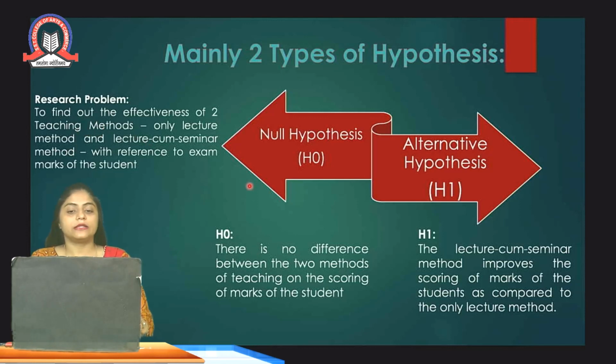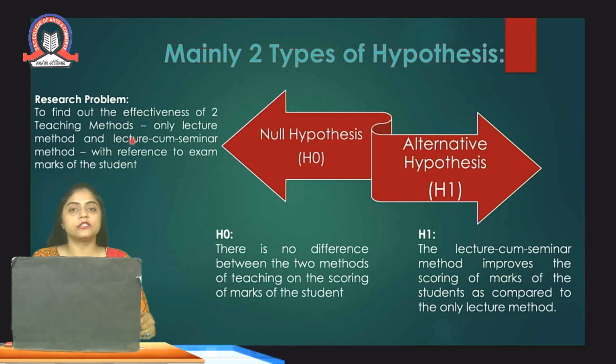The null hypothesis is, there is no difference between the two methods of teaching on the scoring marks of the students. And the alternate hypothesis is, the lecture cum seminar method improves the scoring marks of the students as compared to only the lecture method.